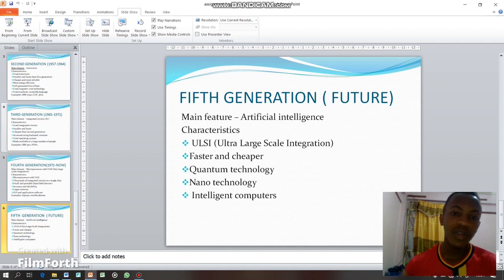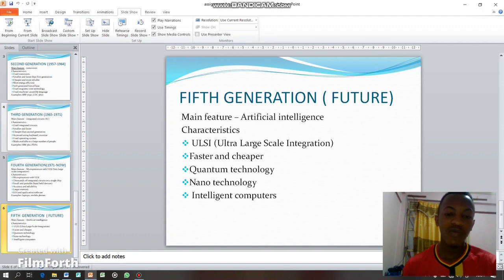And so the characteristics about the fifth generation, which we expect, they will have ultra large scale integration. They will be faster and cheaper compared to the computers we have right now. There will be introduction of quantum technology.